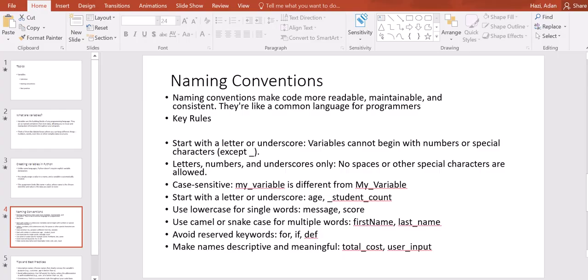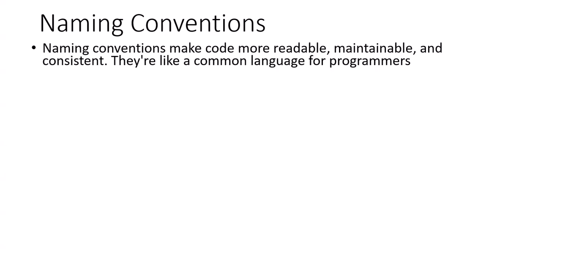Good. Now let's go to the naming convention then. How can I name my variable in Python? Are there some conventions? Are there some key rules that apply? First of all, naming conventions make your code more readable, maintainable, and consistent.